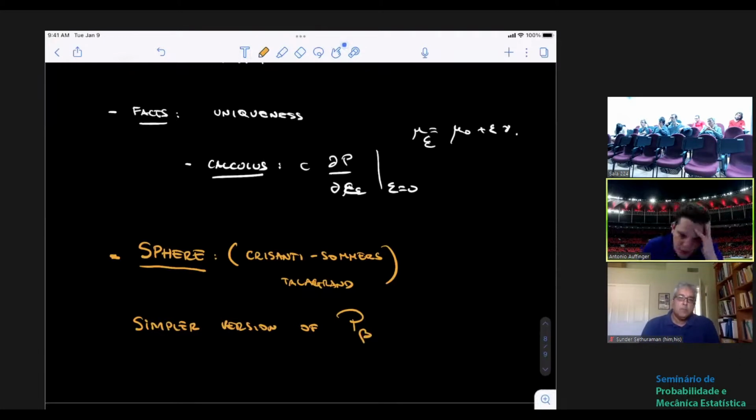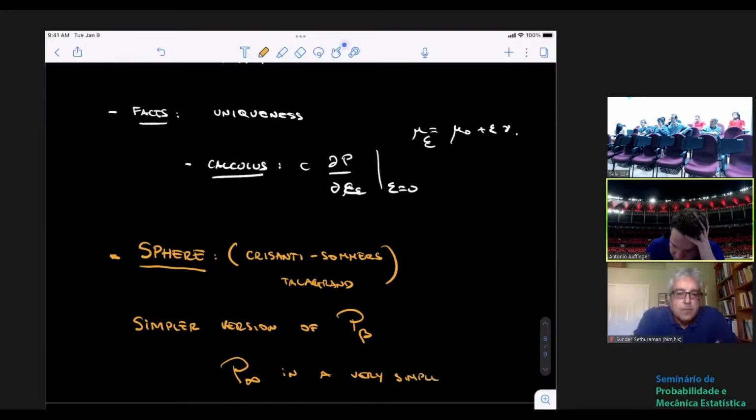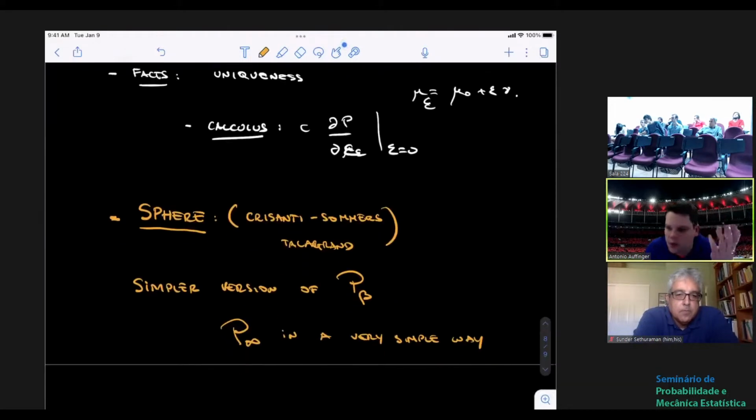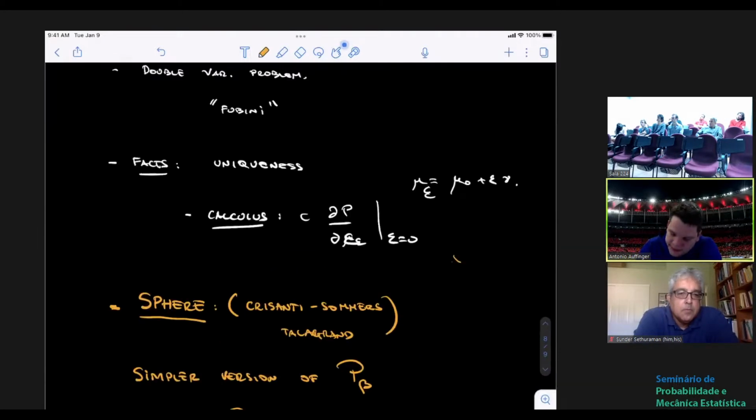And this simpler version is so nice that you can write down P infinity in a very simple way. I'm being very vague here because I'm running out of time. You avoid having to deal with this nonlinear term. It's still a nonlinear equation, but it's very simple, and it's just functions of integrals of your measure mu. Once you have this Crisanti-Sommers formula, it's an easy starting point to just do this calculus.